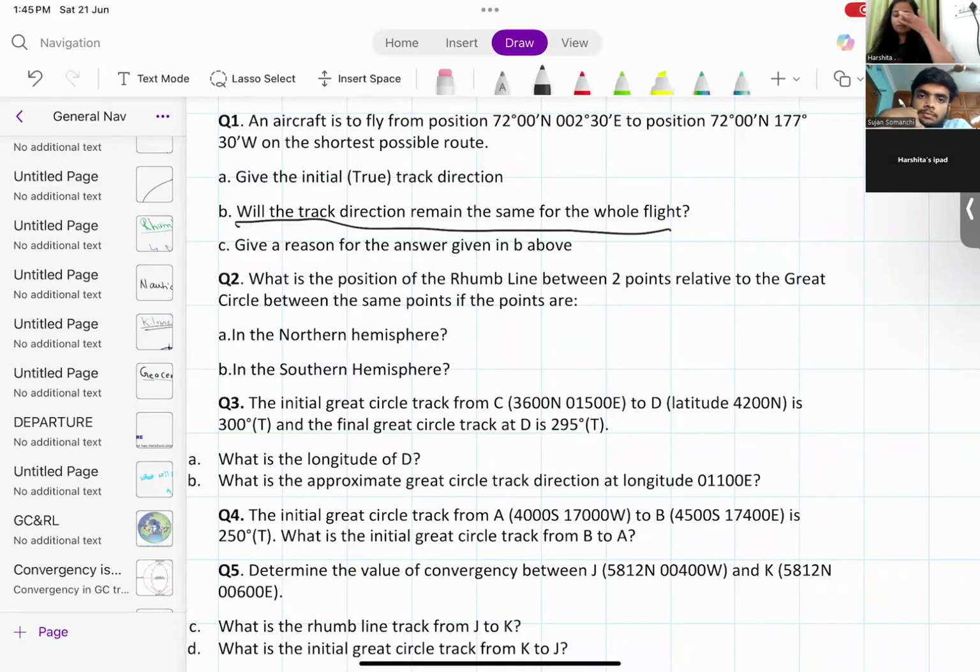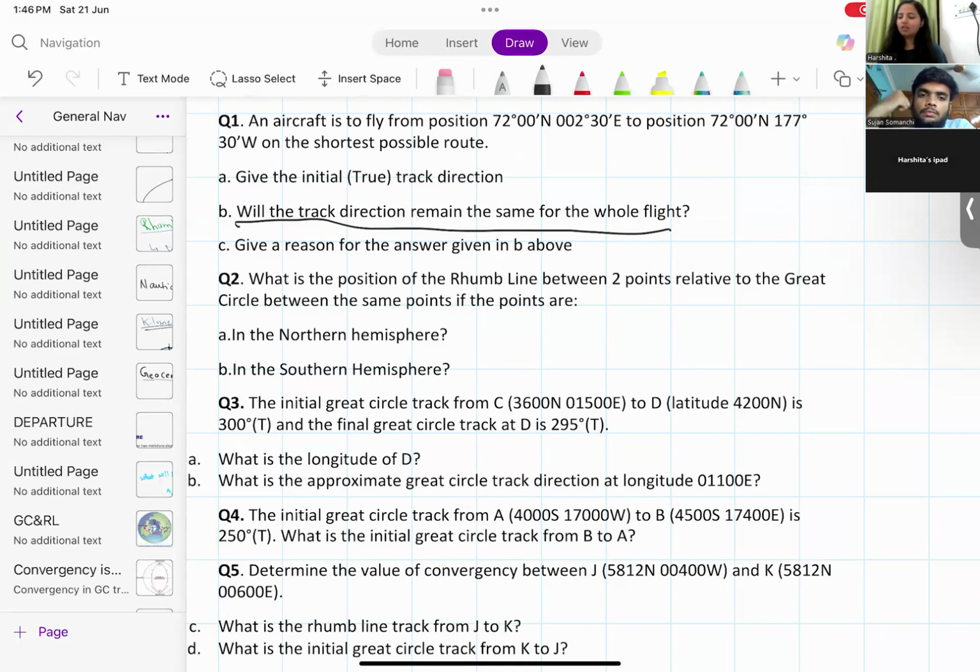Question number two. What is the position of rhumb line between any two points relative to the great circle between the same points if the points are in the northern hemisphere?